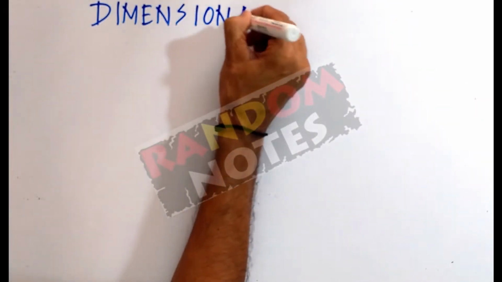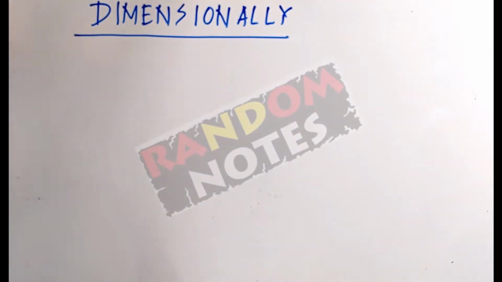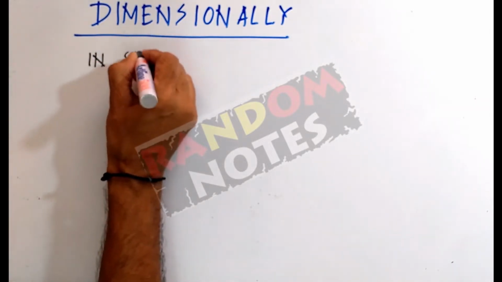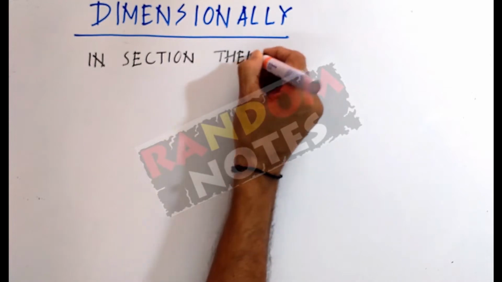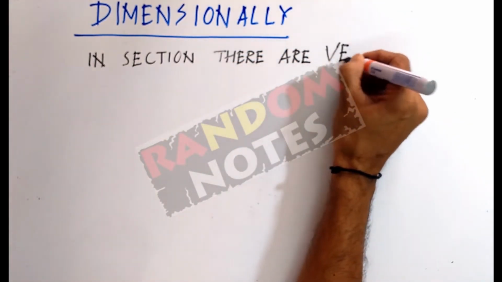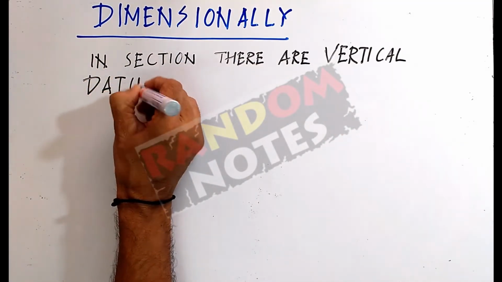Now let us understand what is dimensional correctness. When we make a building section, all elements are drawn with reference to some important vertical datum.